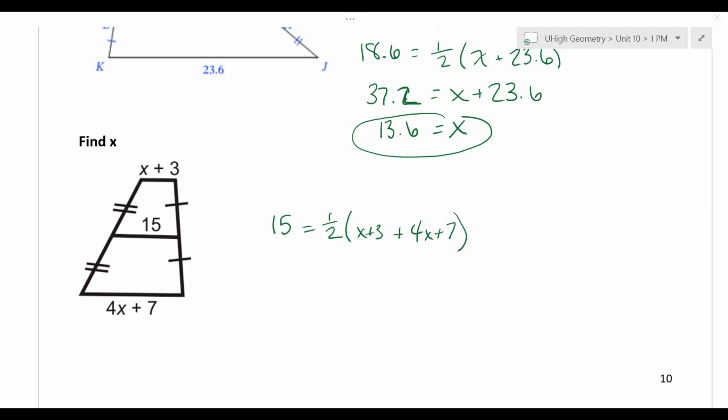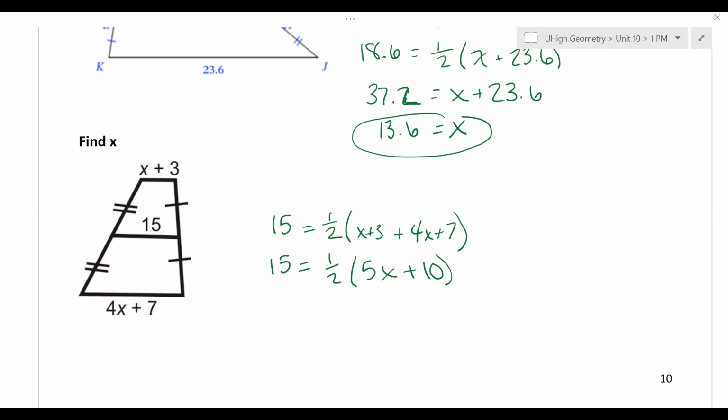So the first thing I would want to do is combine like terms. So I'm going to get 15 equals 1/2. I have 4X plus X, so I have a 5X. And then I have a 7 plus 3, so plus 10. So the sum of my bases is twice the length of my mid-segment.